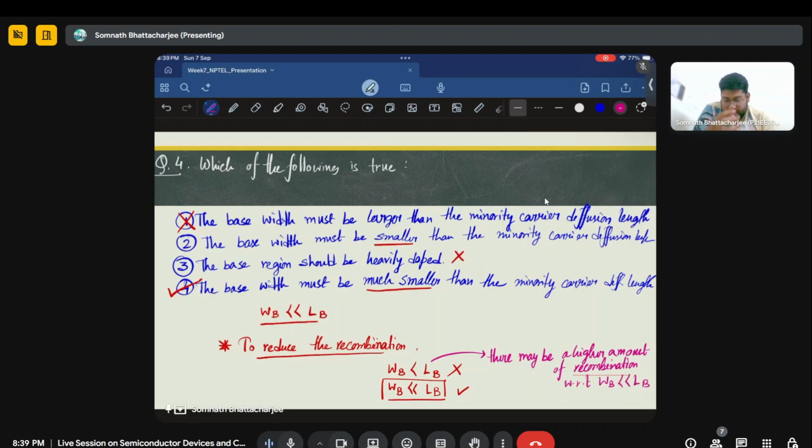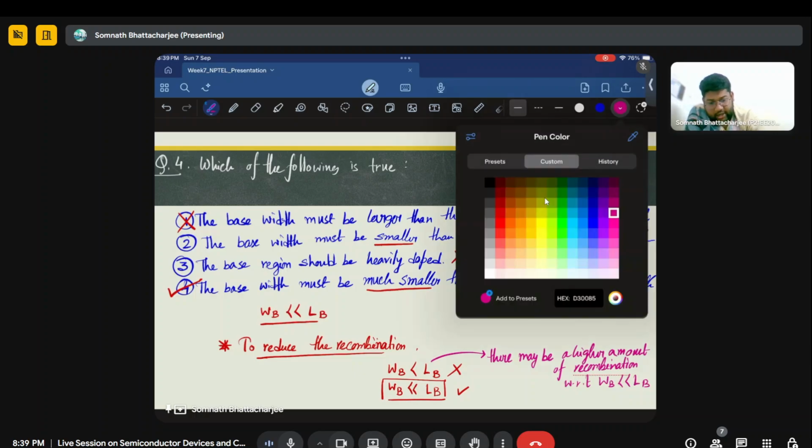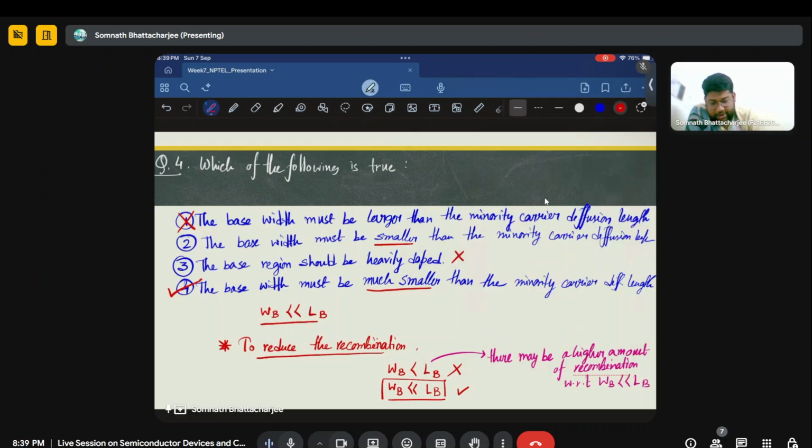As we have already learned from the non-idealities, a very small amount of recombination happens, so we need to reduce it as much as possible. That's why we are moving towards WB much less than LB. So there's a follow-up question on this: why do you think we can't completely reduce the recombination?